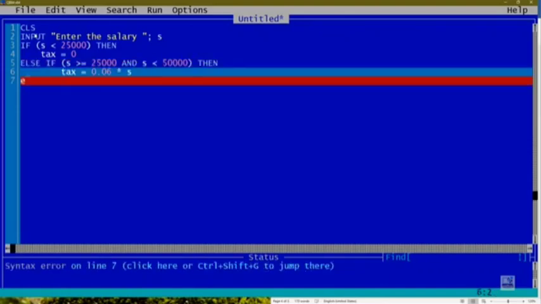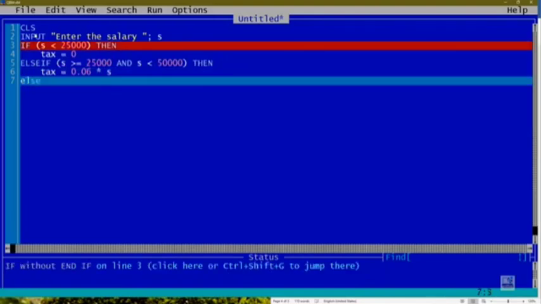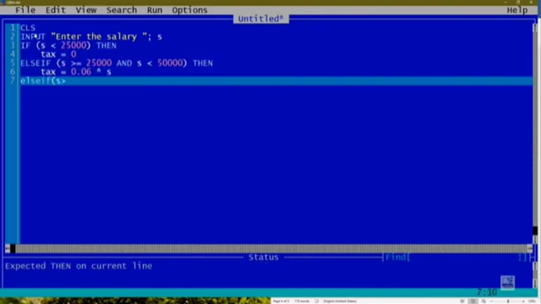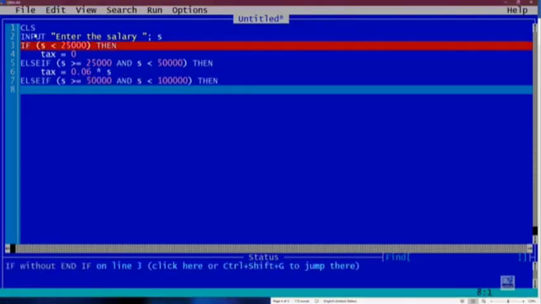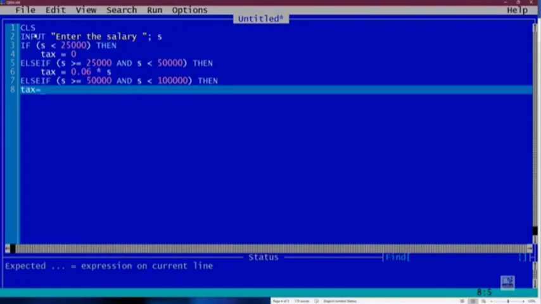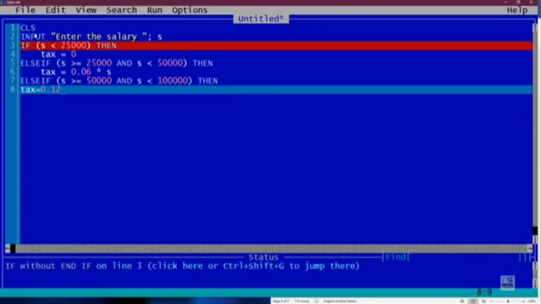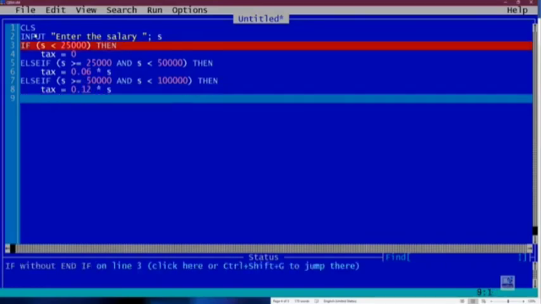Third condition, else if salary greater than equal to 50,000 and salary less than 1 lakh, then tax equal to 12%, 0.12. 12% means 0.12, 12 by 100 into salary.